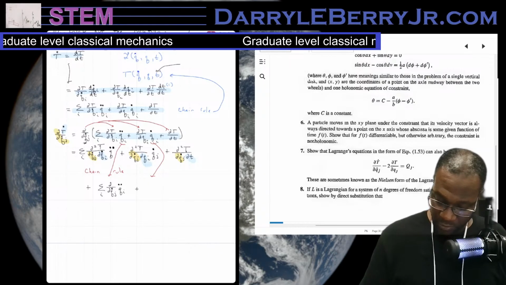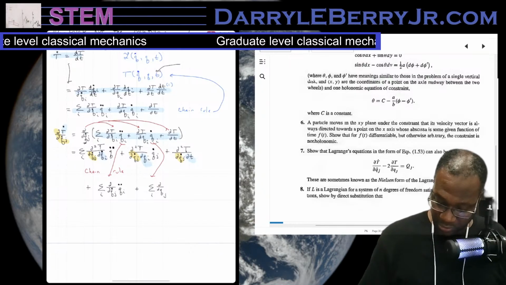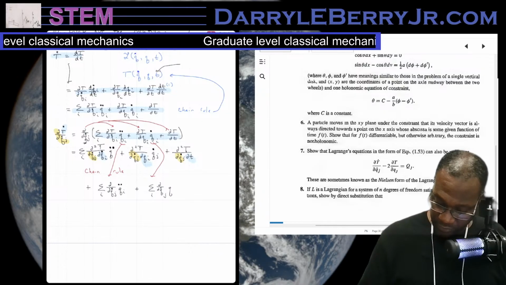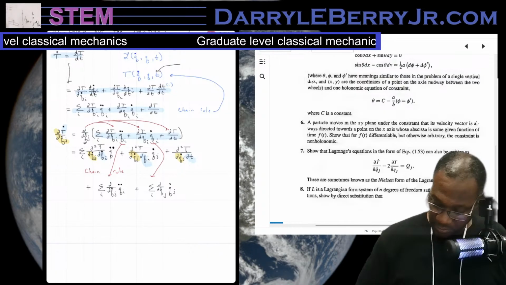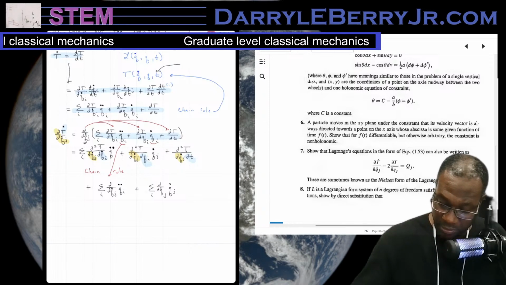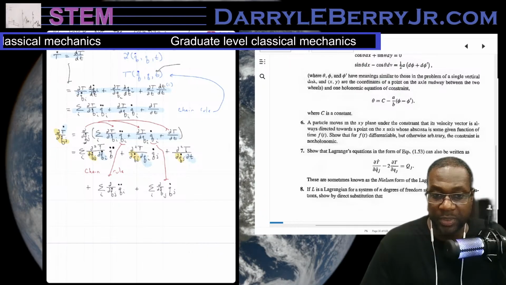This is i plus some sum over i of partial q j because it's coming from the initial one dot. And we have q dot j, which is this one here. So that will be all the terms.